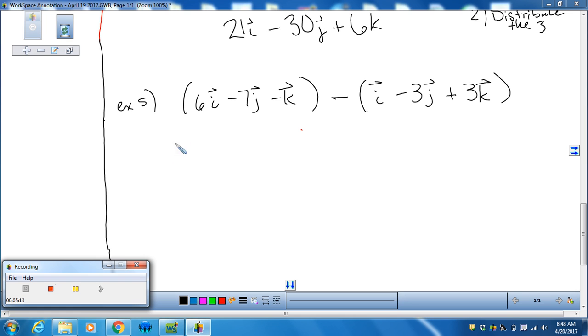Let's try another example, subtracting vectors in this form. So, once again, our first step is going to be to distribute the minus through.